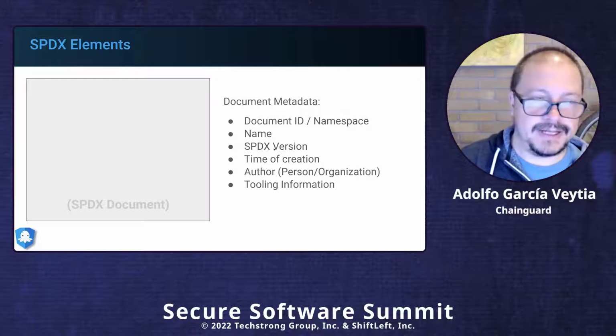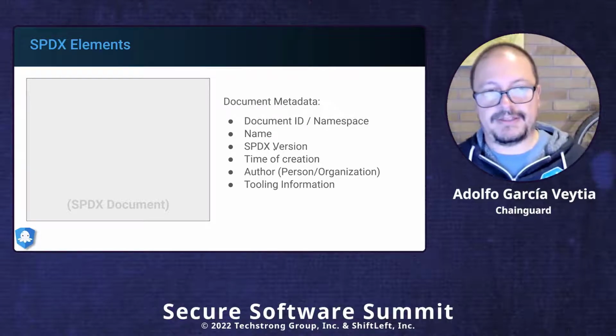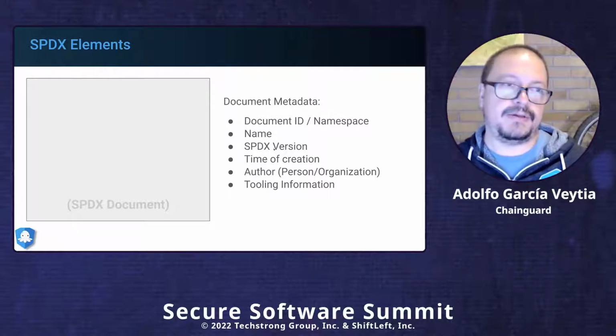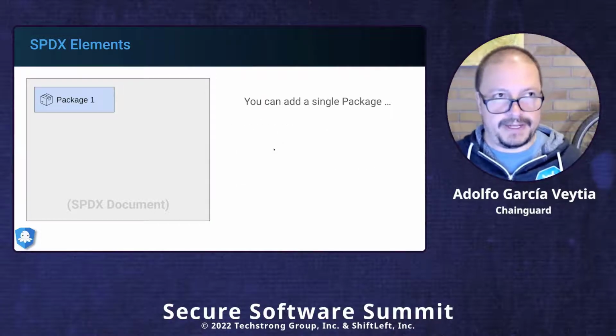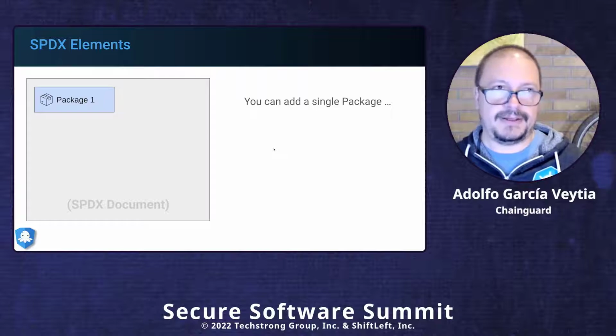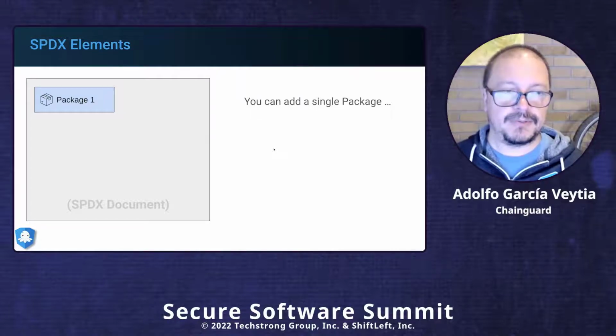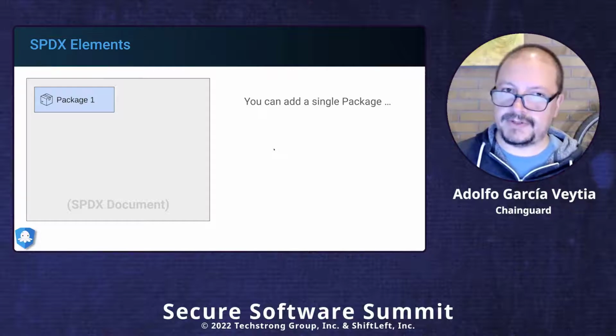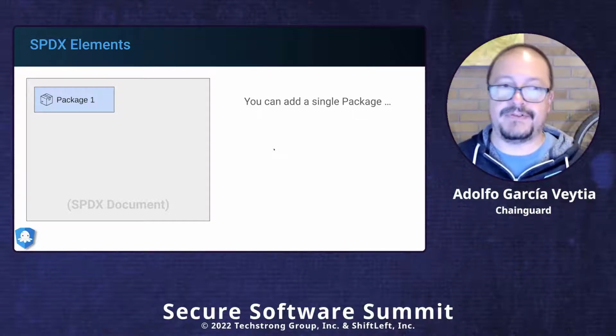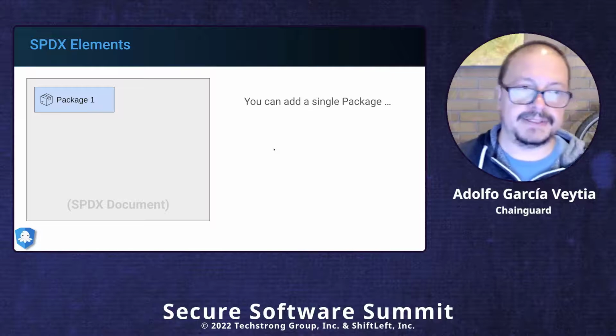So inside of the document, you can start with the blank document and start adding things to it. The first thing that you may add to it is a package. So you can add a single package and not have anything inside of the package defined. This will allow you to state some things like, for example, the package version, its licensing, and the name, things like that.